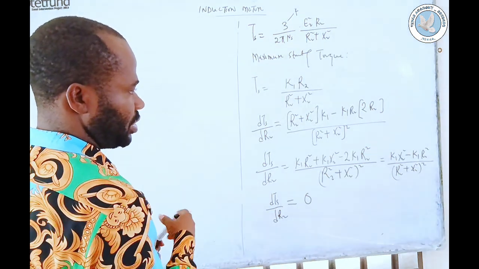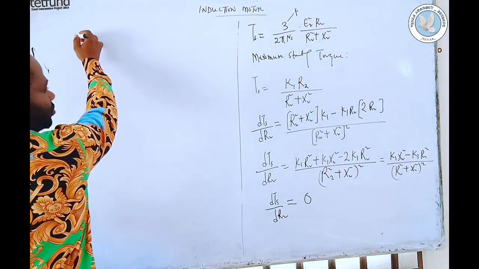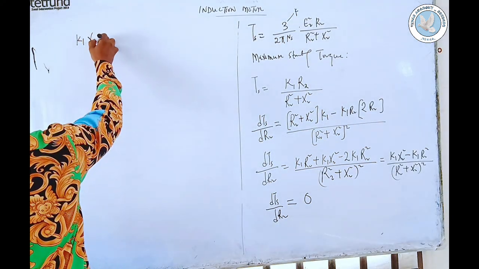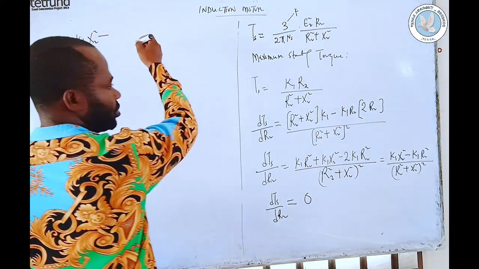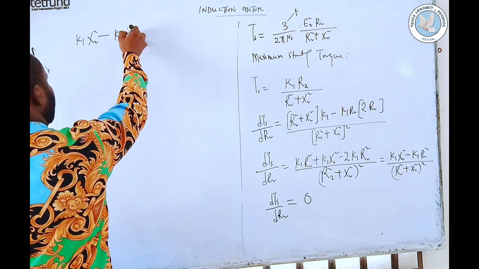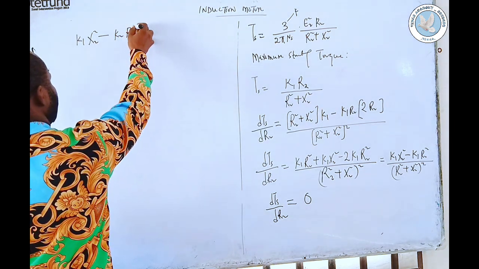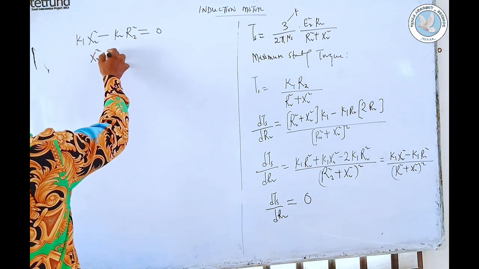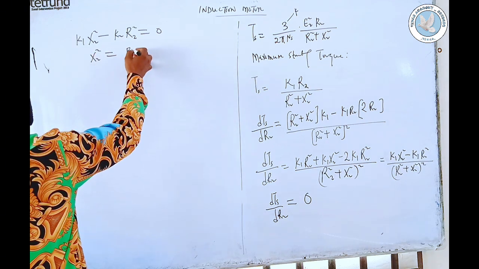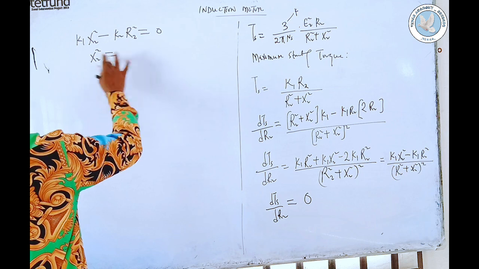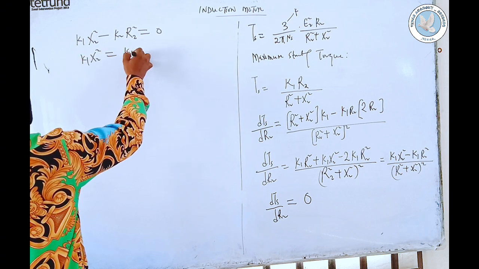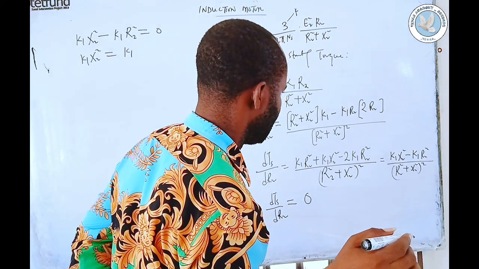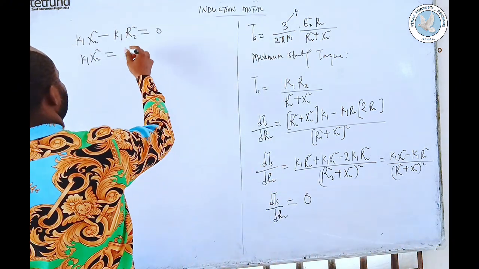So we are having that K1 times this minus K1 R is equal to 0. So this is equal to this, K1, sorry, and equal to this.